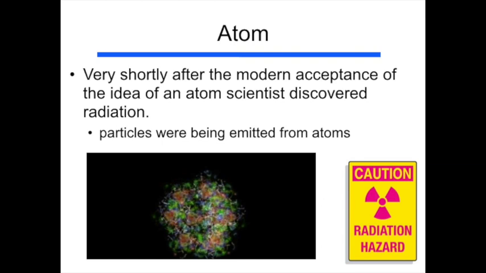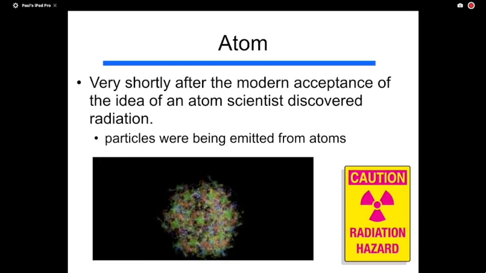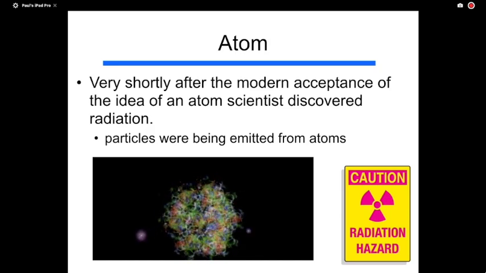And so, if the atom was the smallest piece, it's throwing off little pieces of itself. So that meant that the atoms must have inside of them even smaller things. We just kind of said, okay, the atom's the smallest, and now we're finding stuff falling outside the atoms.